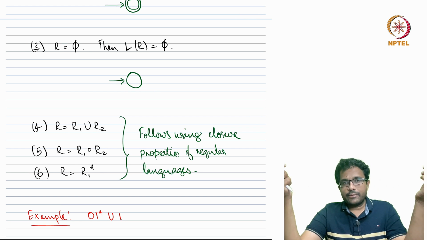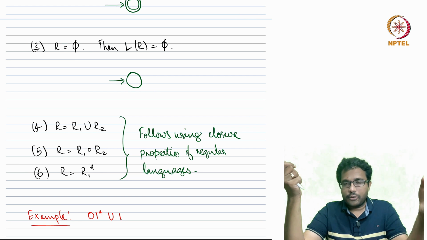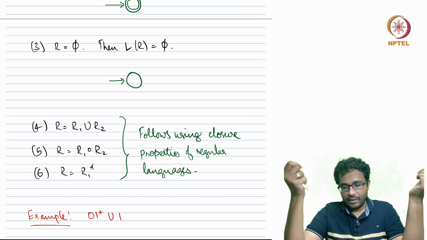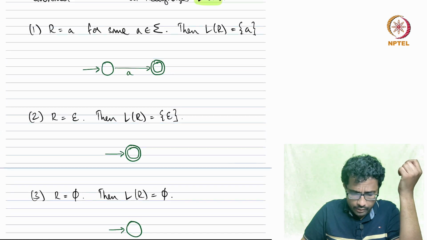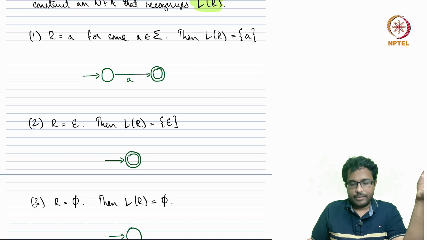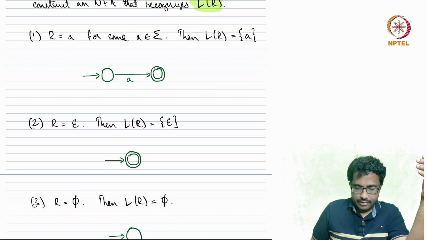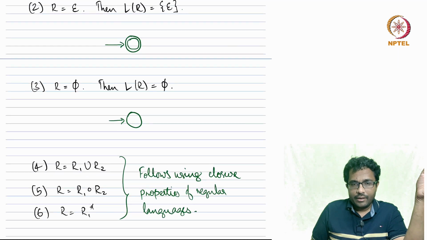So by induction it follows that R1 concatenation R2 is regular, and similarly R1 star is also regular.